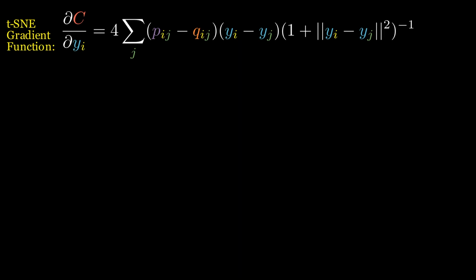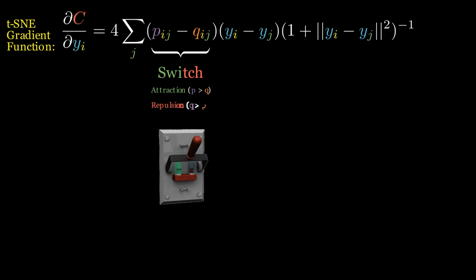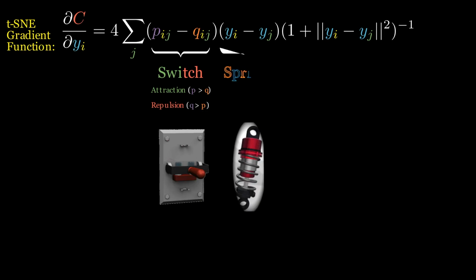This equation for nudging our map points has a very intuitive mechanical analogy. We can break this equation down into three components. The first component is a switch. This switch will be positive if P is greater than Q and negative if Q is greater than P. The second component is a spring.